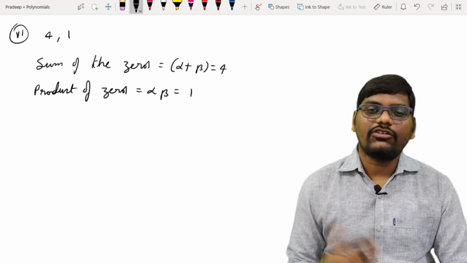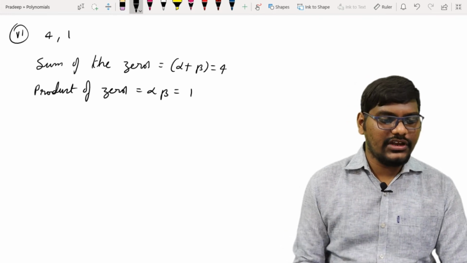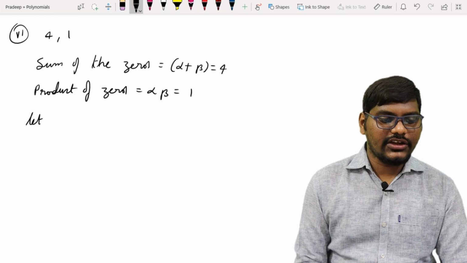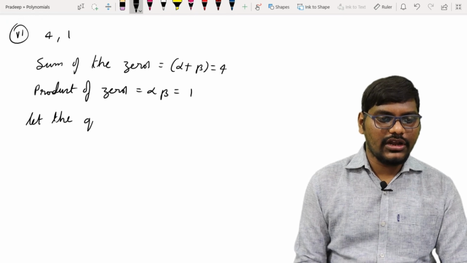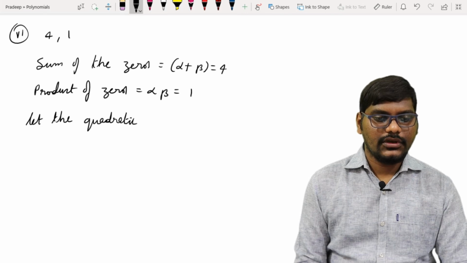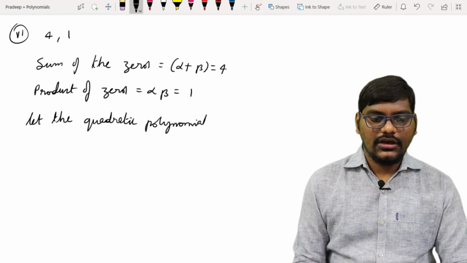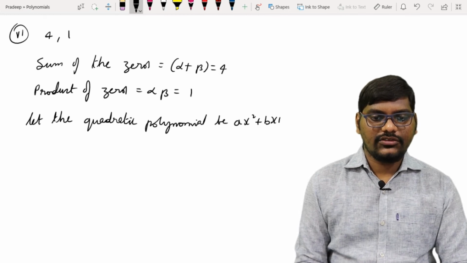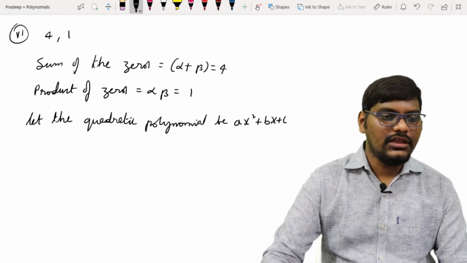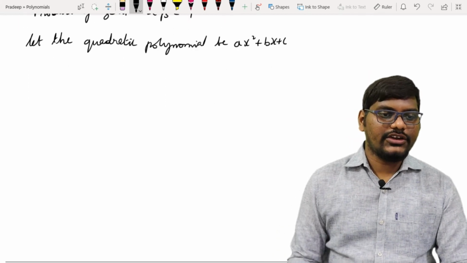As it is a quadratic equation, we'll take the general form of a quadratic. So I can write, let the quadratic polynomial be ax square plus bx plus c. This is a quadratic polynomial, so we'll write accordingly.